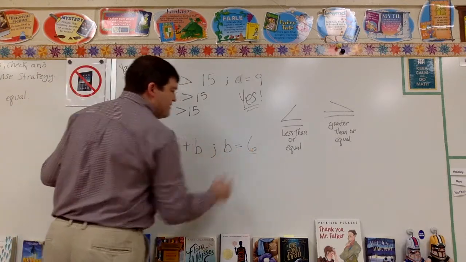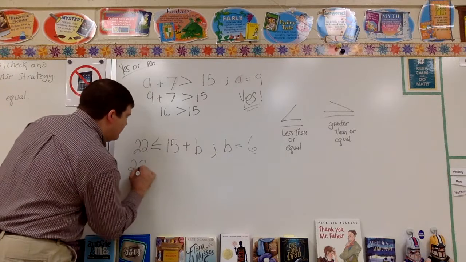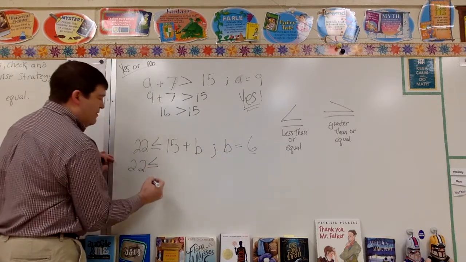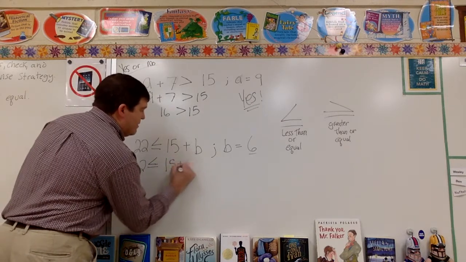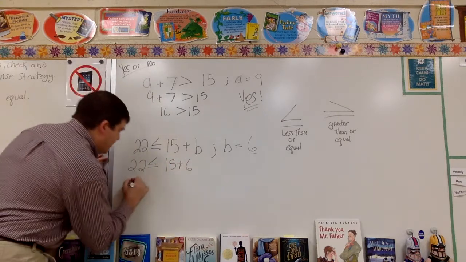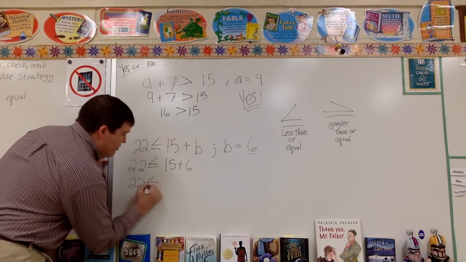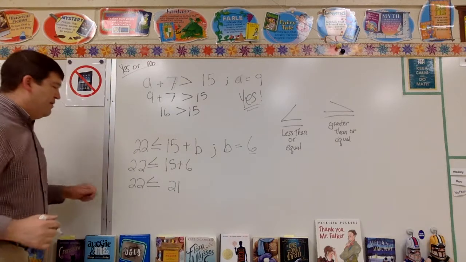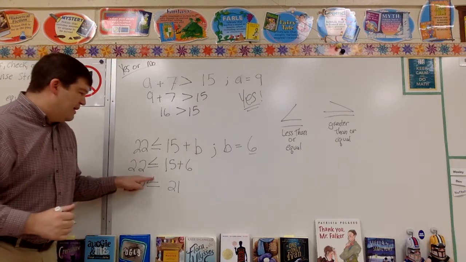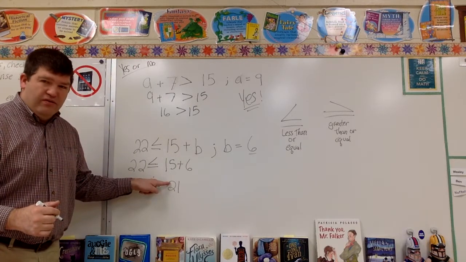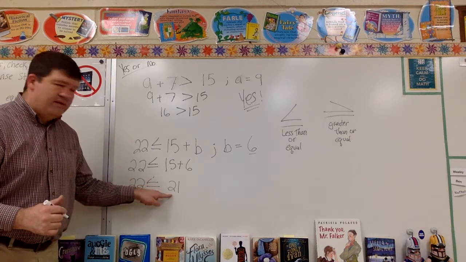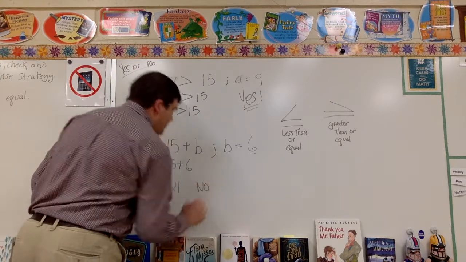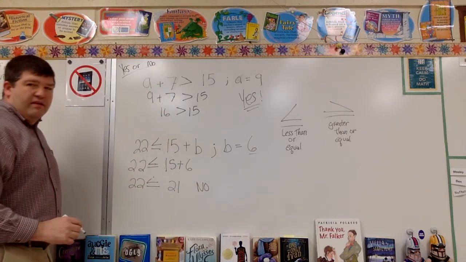It's saying B is 6. 22 is less than or equal to 15 plus 6. So the 22 comes down here. 15 plus 6 is 21. Is 22 less than 21? No. Is 22 equal to 21? No. Not gonna work.